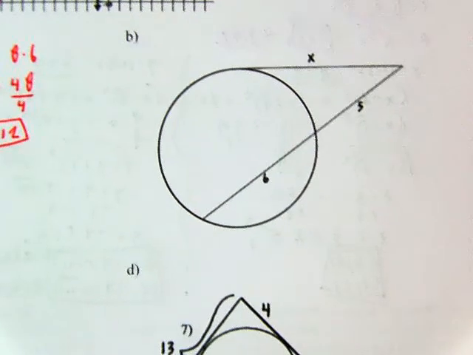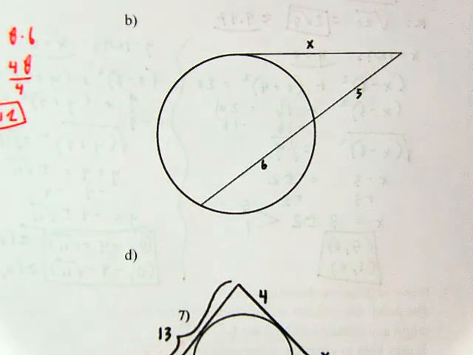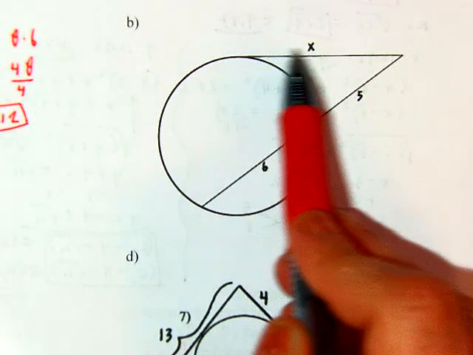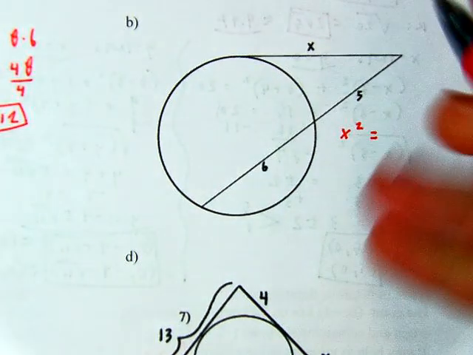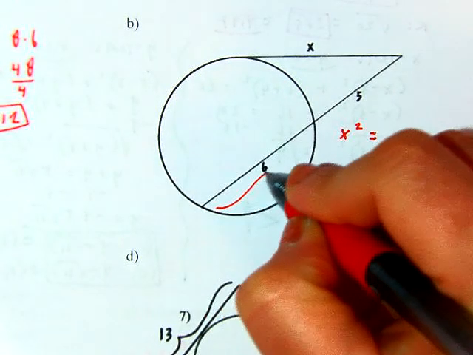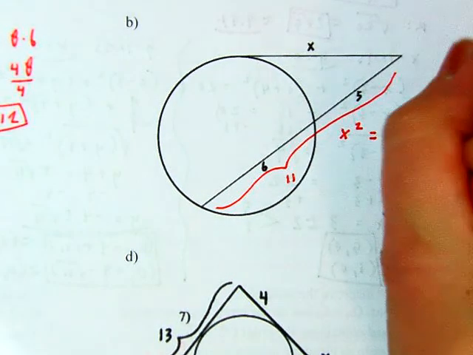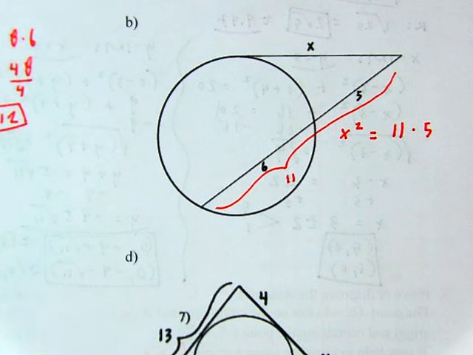So here I see a tangent, so tangent secant combination. So I know it's going to be the tangent part right here squared, so x squared equals the whole, so I need the whole secant segment, that's 11, times the outside part, which is 5.